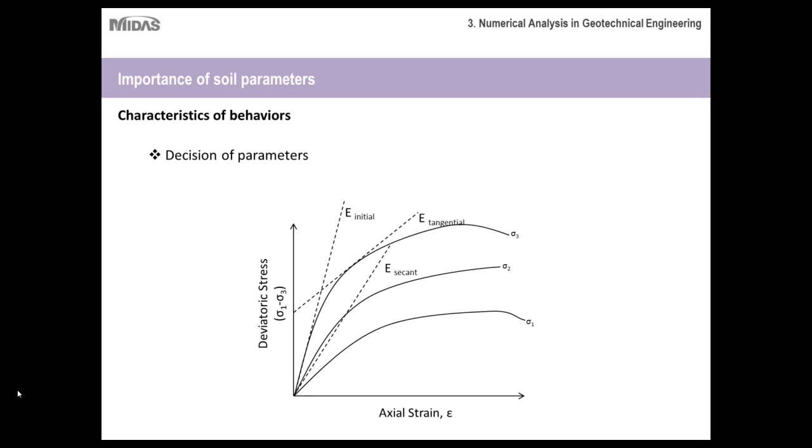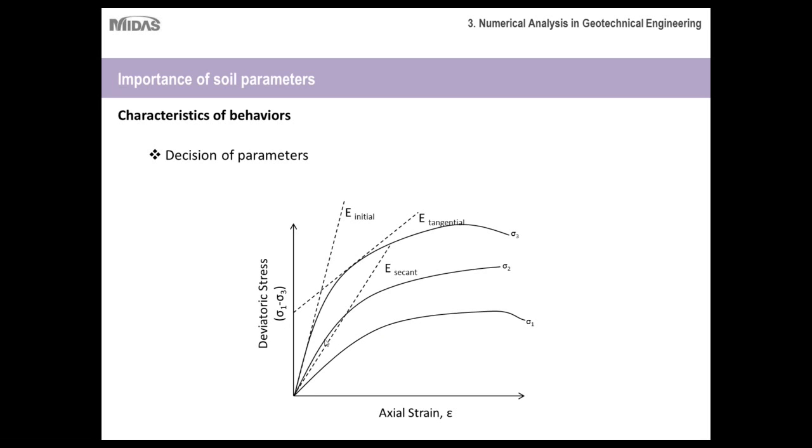So first let's discuss just nonlinear behavior of soil. An important thing to note is that this test has been run for the same type of soil 3 times. As you can see, each time the result is different, and each time the result is nonlinear. In other words, the deviatoric stress will increase linearly with axial strain up to a certain point, and then it'll start to taper off and become nonlinear.